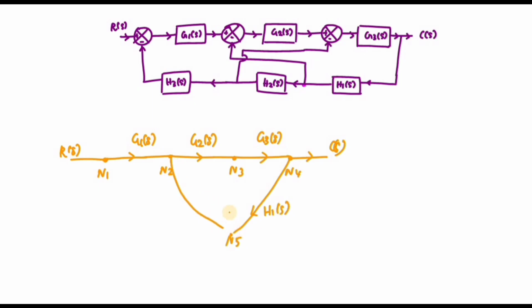Since it is minus, I'm going to take it as minus 1. Then you have H2 of S, and this point I'm taking as N5.